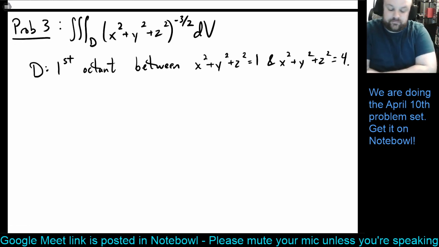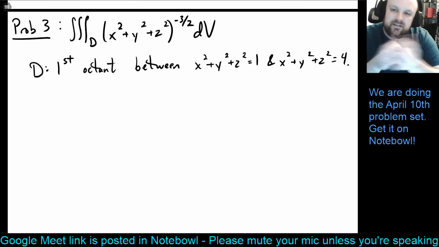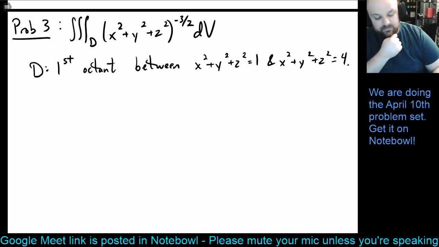So if we look at this problem here, we want to figure out what coordinate system to use. There are two ways to see what the better choice is. The first is that the regions here are bounded by spheres, which sounds like a good candidate for spherical coordinates. Another thing is, notice here we have x squared plus y squared plus z squared.